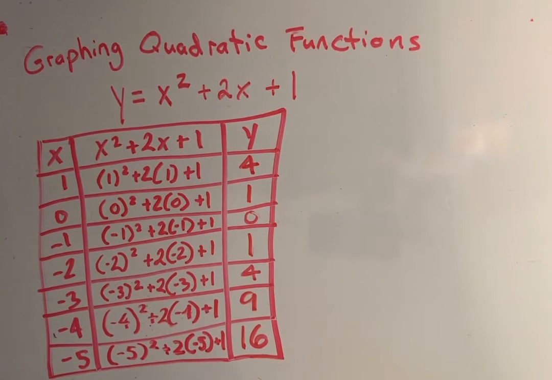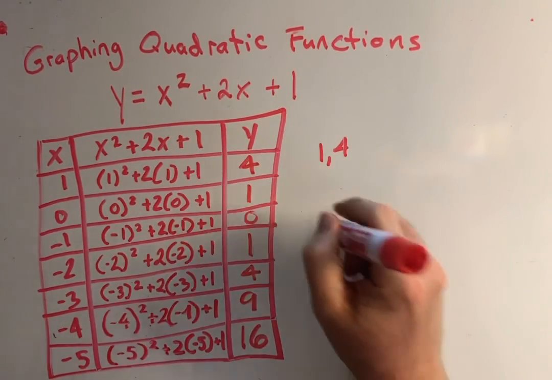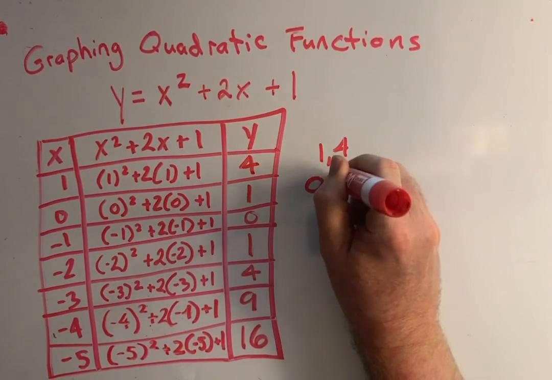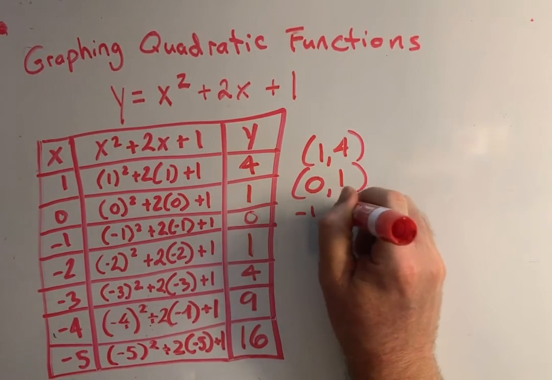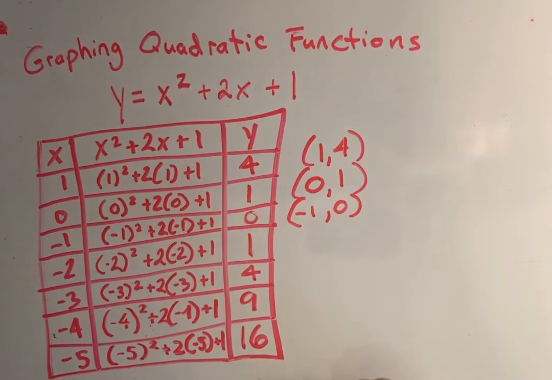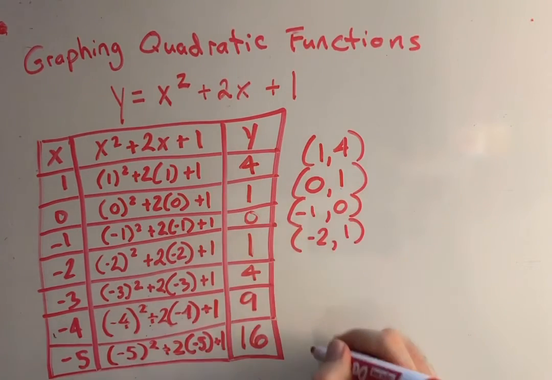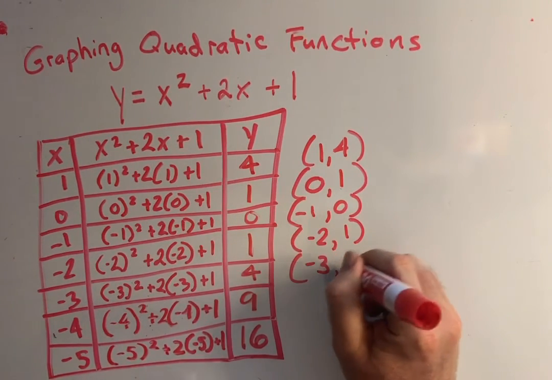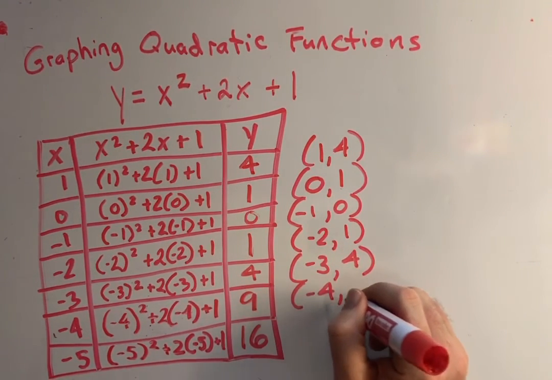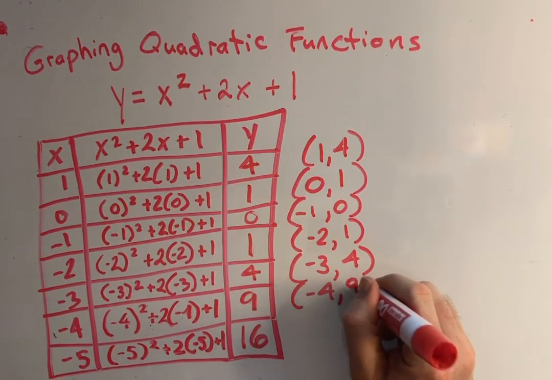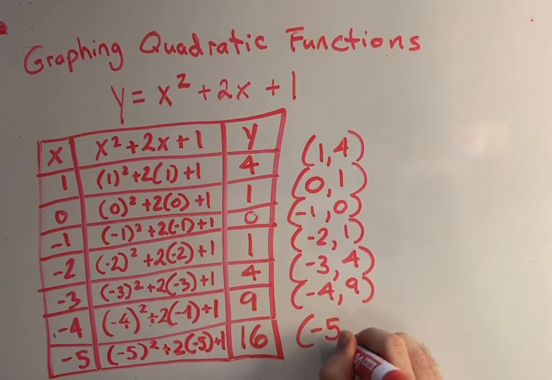All right, so my ordered pairs are 1, 4, 0, 1, negative 1, 0, negative 2, 1, negative 3, 4, negative 4, 9, and negative 5, 16.